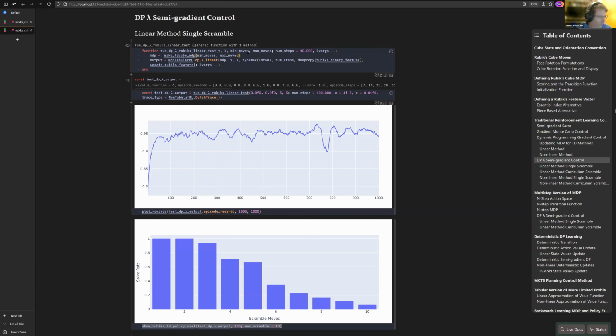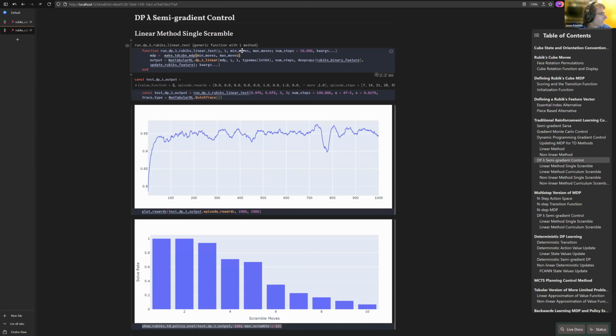So the way I've set this up is I can create an environment where I can control the scramble moves, how many there are, how hard the problem is, and that also controls when the episode gives up. So it'll reset if it's exceeded the number of moves it should have taken to solve it.